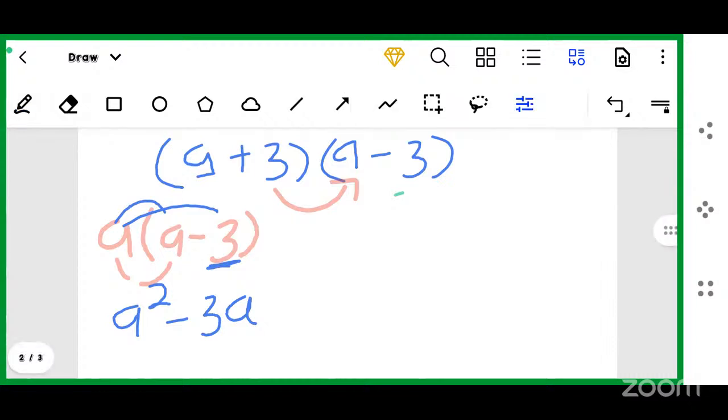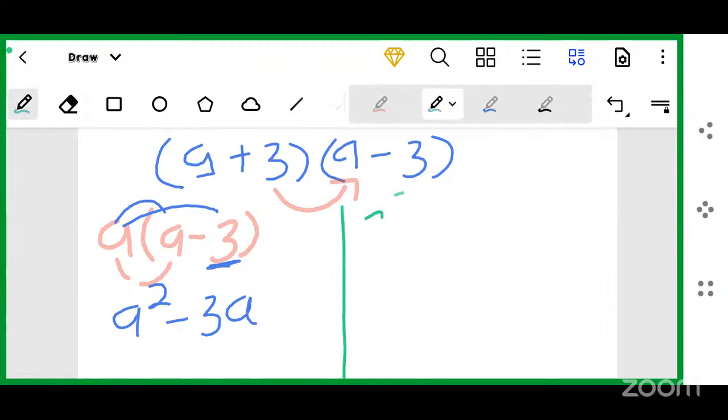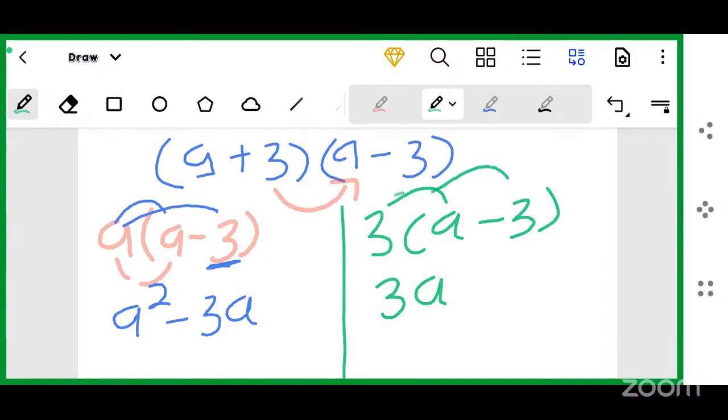We go to the next part, which is multiplying positive 3 and a minus 3. So what is 3 multiplied by a? Oh, 3 multiplied by a is 3a. Perfect. So you write your 3a. What is 3 multiplied by your negative 3?